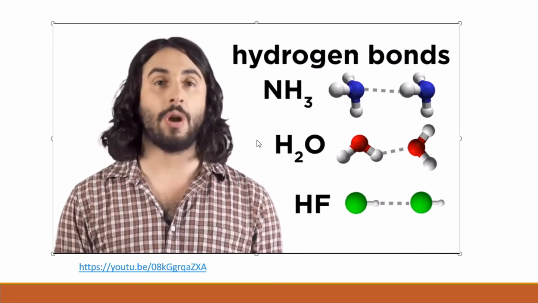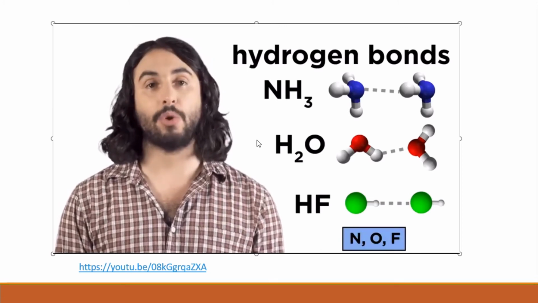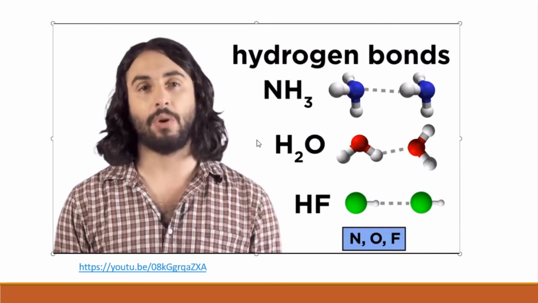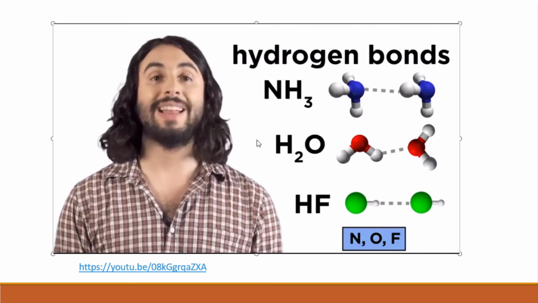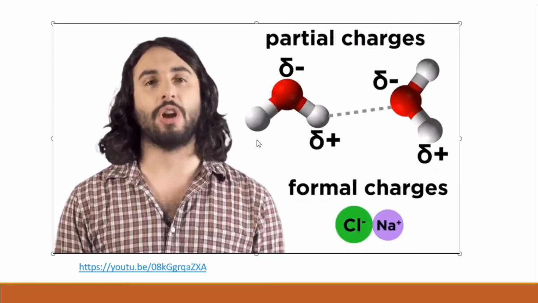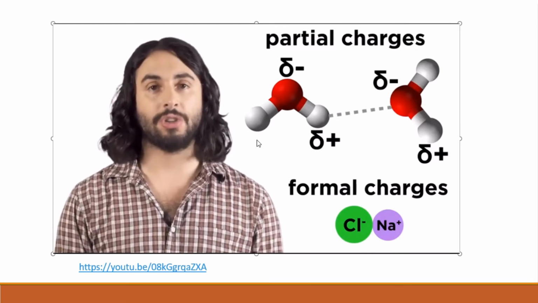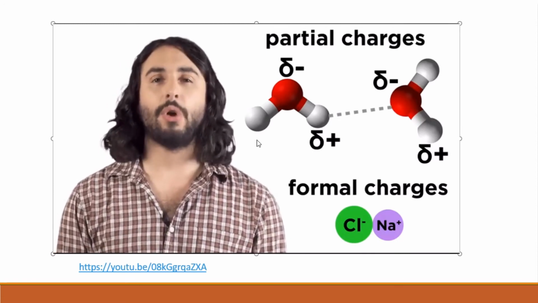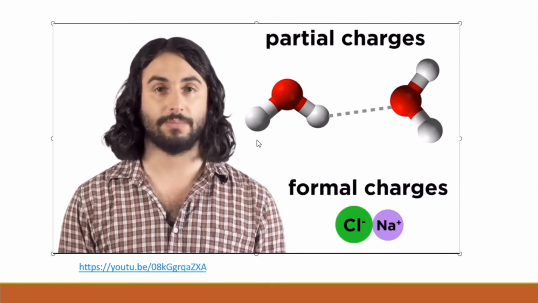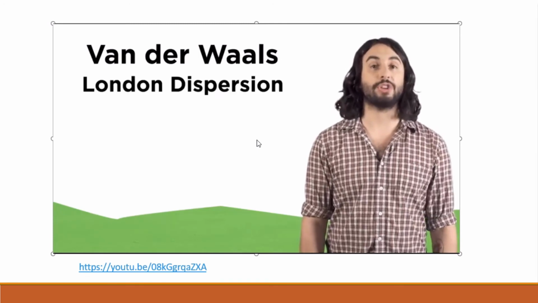They are especially strong because these are the most electronegative elements, so they will create the most strongly polarized bonds, resulting in a very strong dipole and therefore very strong dipole-dipole interactions. We can almost think of partial charges as some fraction of a formal charge. So the greater the partial charge, the stronger the interaction, though never quite as strong as interactions between formally charged particles. Lastly, we have the van der Waals, or the London dispersion force.